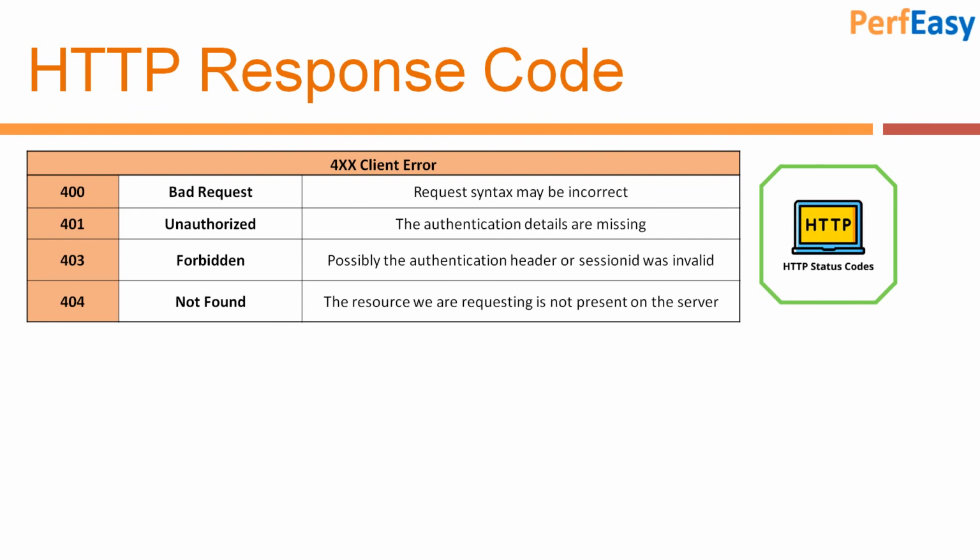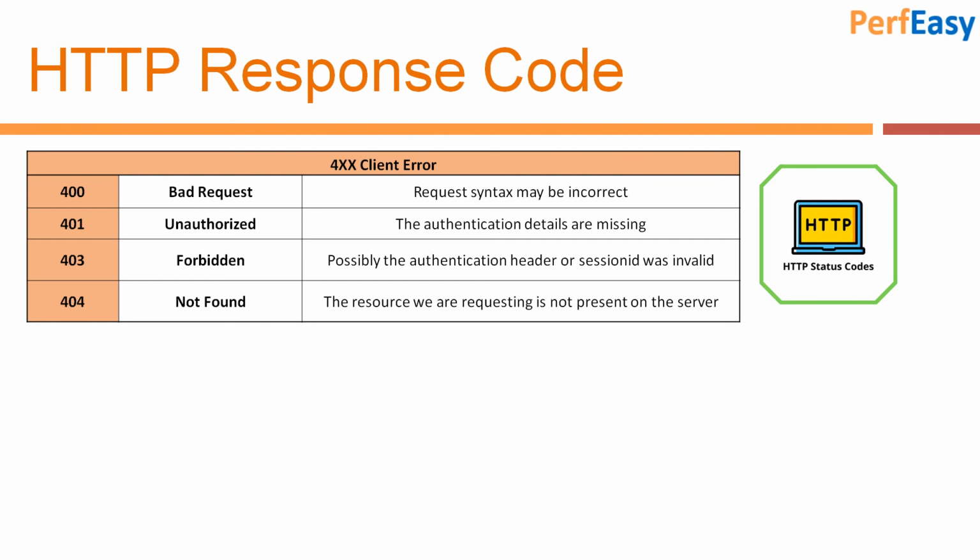If this is 400, there must be something wrong in the request body, request header, or the request URL. So just check the syntax and make sure you are sending the correct request.